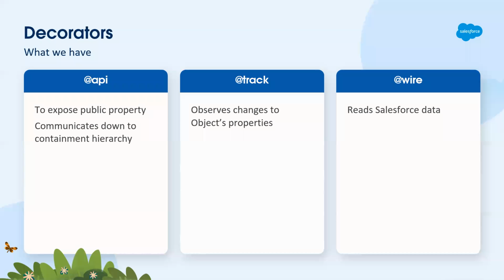Use of decorators. We all know there are three types of decorators: api, track, and wire. So api is good to expose the public property and communicates down the containment hierarchy. Let's say I want to pass values from the parent component to the child component, you can use the api decorator, @api.